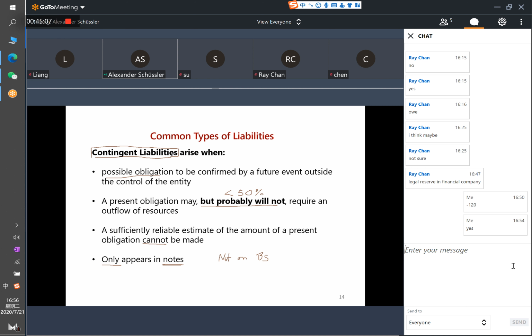They are not the financial statement. So a contingent liability is not a real liability, at least not in an accounting sense that it is on the balance sheet. If you set it up, it does not affect income, and it does not increase the liabilities on the balance sheet. Okay. All right.